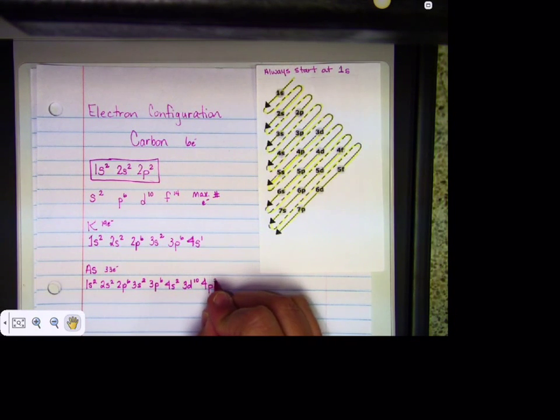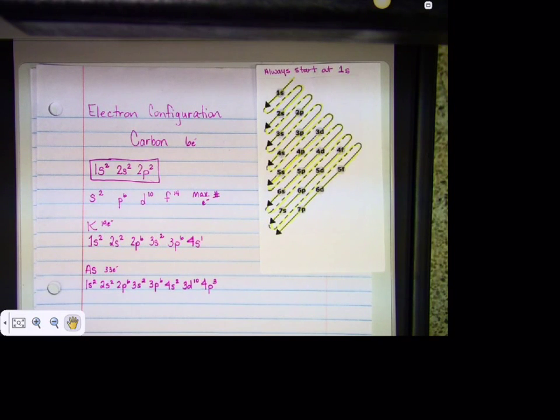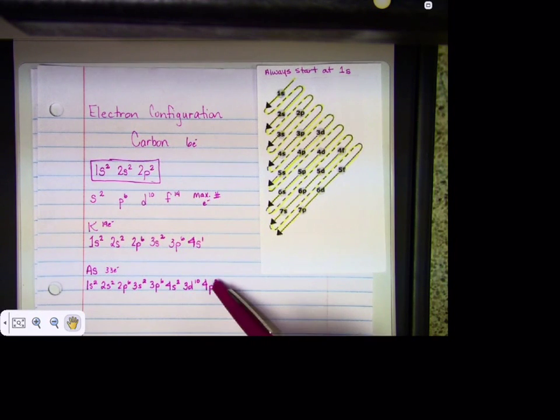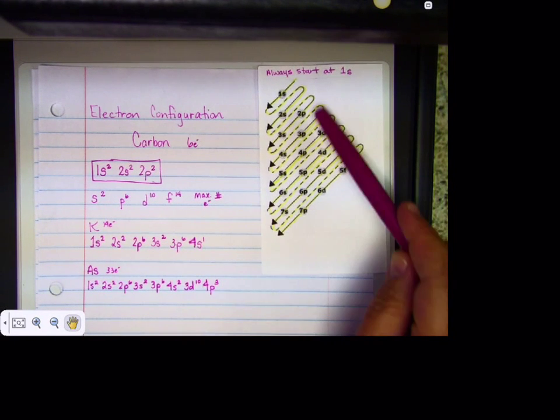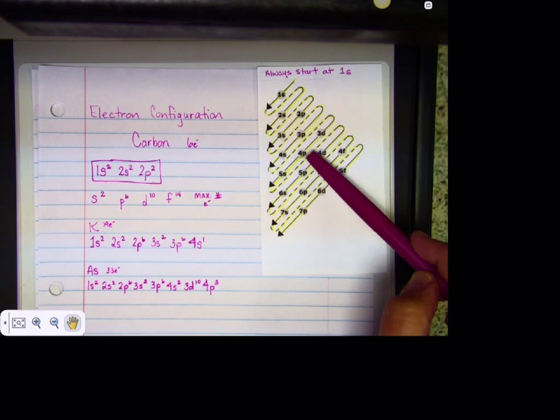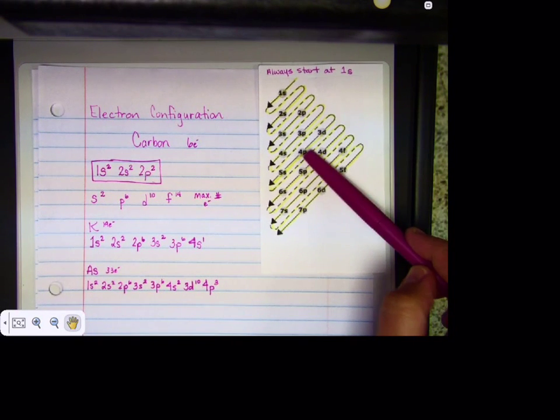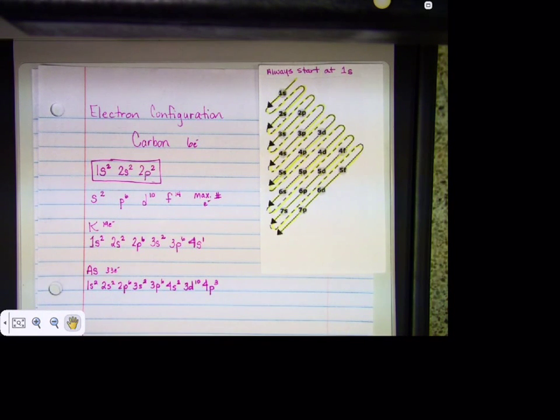So I just need 3 more to equal that 33. So you don't have to fill up the sublevels with the maximum number of electrons if you don't need it. That's for the very last one only; if you're trying to move to a different energy level and sublevel, you need to have it filled up completely.